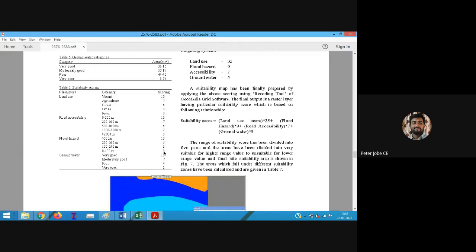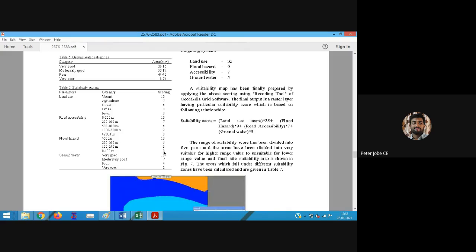That means if we compare two areas, in one the availability of groundwater is very poor, it gets 2 points. And at the same time, in another area, if it is subjected to flood hazard, it gets 0 points.